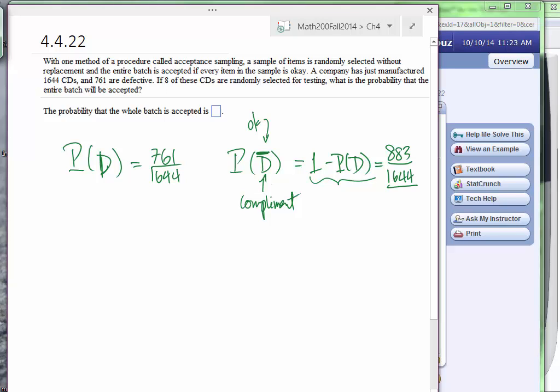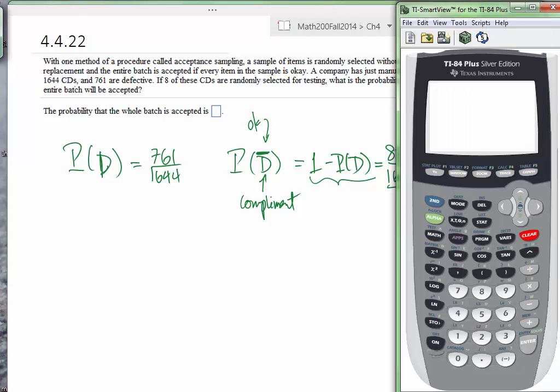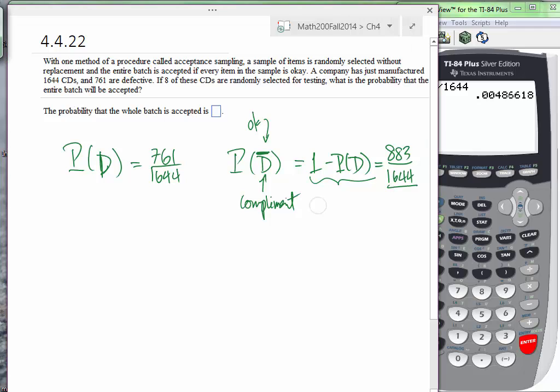Now we're going to pull 8 CDs out of 1,644, and just to verify, if that is less than 5%, then we can treat this as if it was done without replacement or with replacement. So let's take 8 divided by 1644, and this is less than 1%, so it's less than 5%.